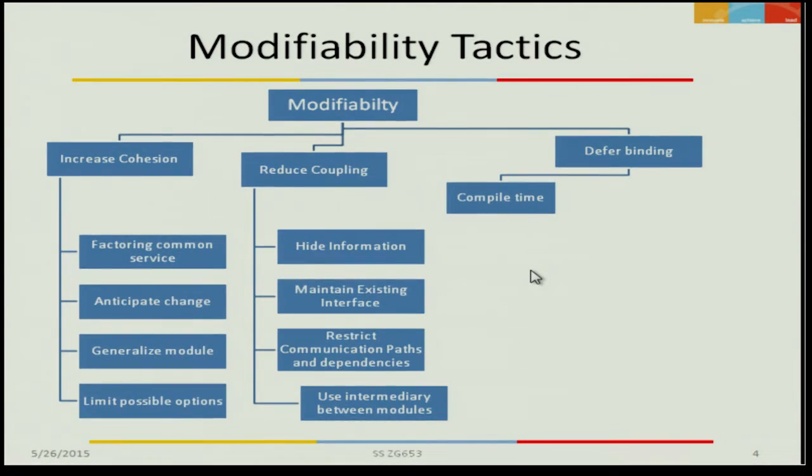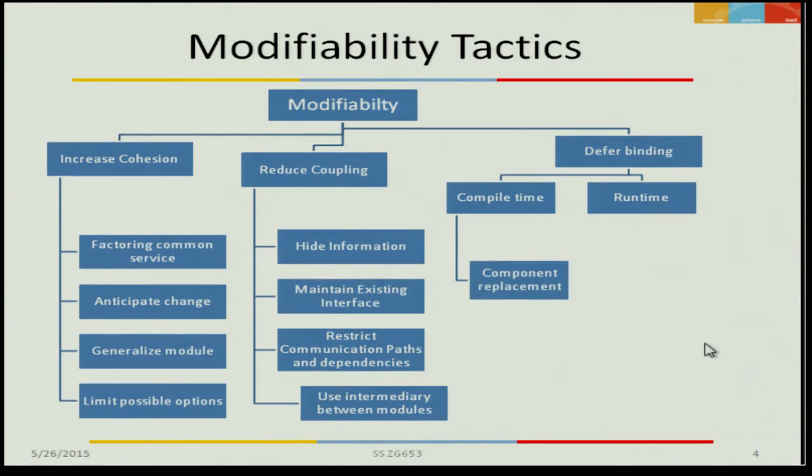Defer binding would basically say that defer the binding at the compile time or defer binding at the runtime. Under the compile time, essentially one could do a component replacement. Under the runtime, it could be runtime registration techniques. Component replacement is nothing but the tricks that many people use in Unix in Makefile.